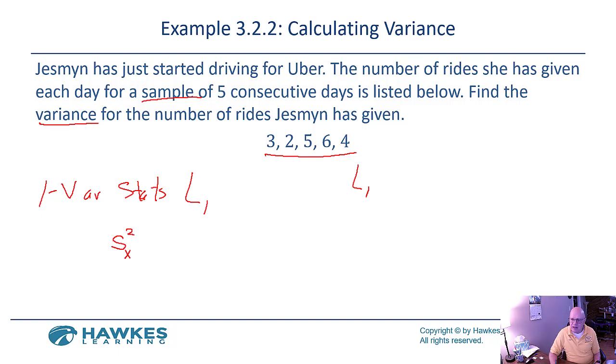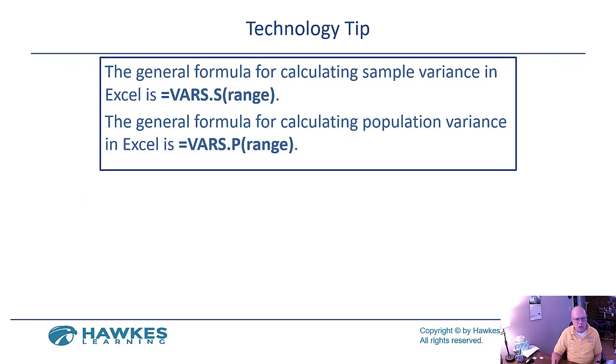If you ask me in class, I'll tell you a sneaky way of getting that. The straightforward way, perhaps, is to just look at it on your calculator, write it down on a scrap piece of paper, write it in your calculator, hit squared, and you've got your variance. If you're using Excel, here are the two formulas you use. This one for the sample, this one for the population.